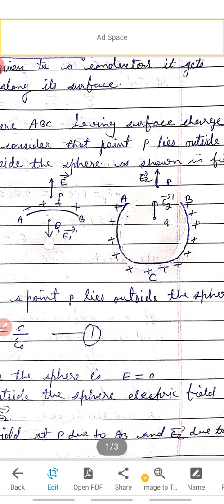E1 dash is the electric field at point Q due to part AB, and E2 dash is the electric field at point Q due to part ACB.